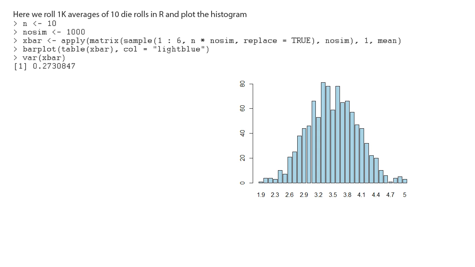So imagine if you were to do that, roll your 10 dice and take the average and do that over and over again so that you got, say, 10,000 averages of 10 die rolls, right? And you wanted to know what was the variance of that distribution. Well, it seems kind of like a hard calculation. First, you'd have to figure out what's the distribution of the average of 10 die rolls, which seems kind of like a hard distribution.